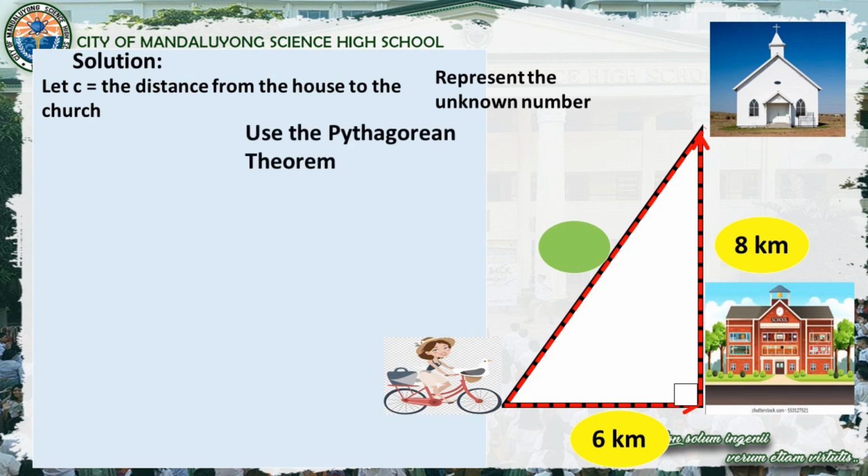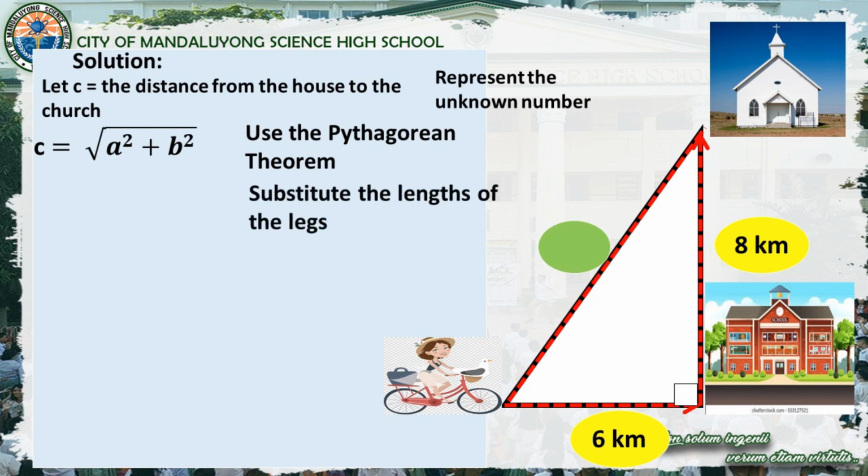Of course, we should use the Pythagorean theorem because the legs are given and one of the sides is unknown, and it's the hypotenuse. So the formula is C is equal to the square root of A squared plus B squared. Substitute the lengths of the legs. The legs are 6 and 8 respectively.